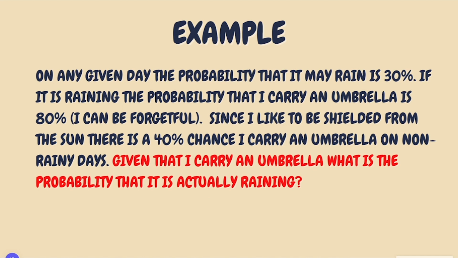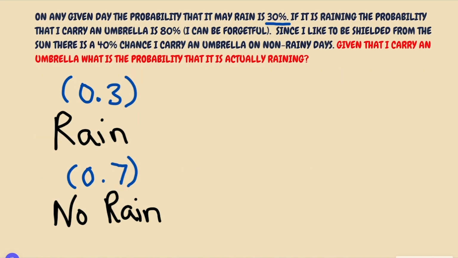Since I like to be shielded from the sun, there is also a 40% chance I carry an umbrella on non-rainy days. Given that I carry an umbrella, what is the probability that it is actually raining? So we have the key word here, given, that shows us this is conditional probability, in which two events are dependent on each other. So what are these two events?